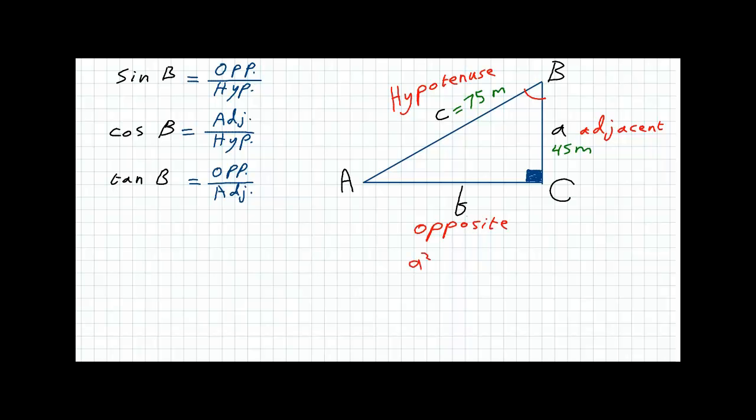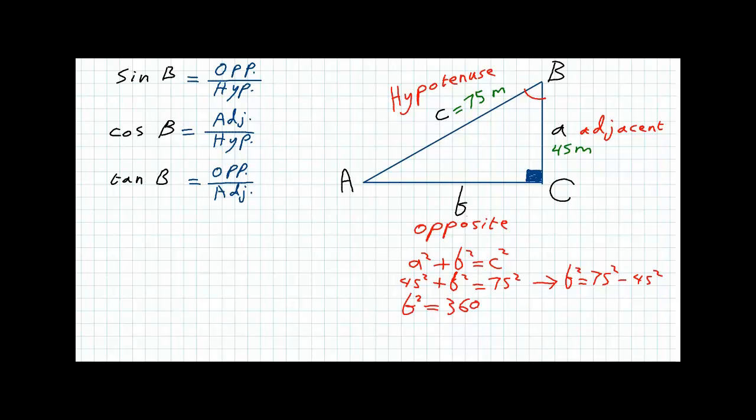a squared plus b squared equals c squared. So 45 squared plus b squared equals 75 squared. From this, we have that b squared is equal to 75 squared minus 45 squared, and this is going to be equal to 3600. And from this, we can say that b is equal to 60.